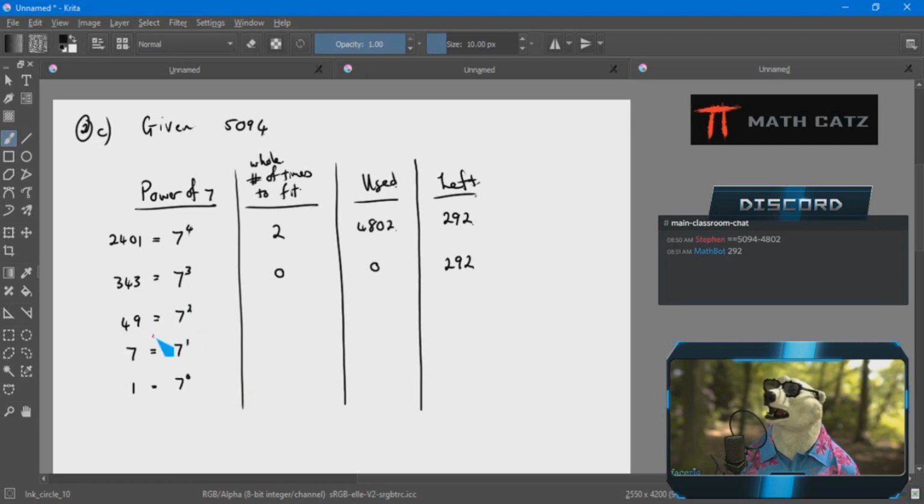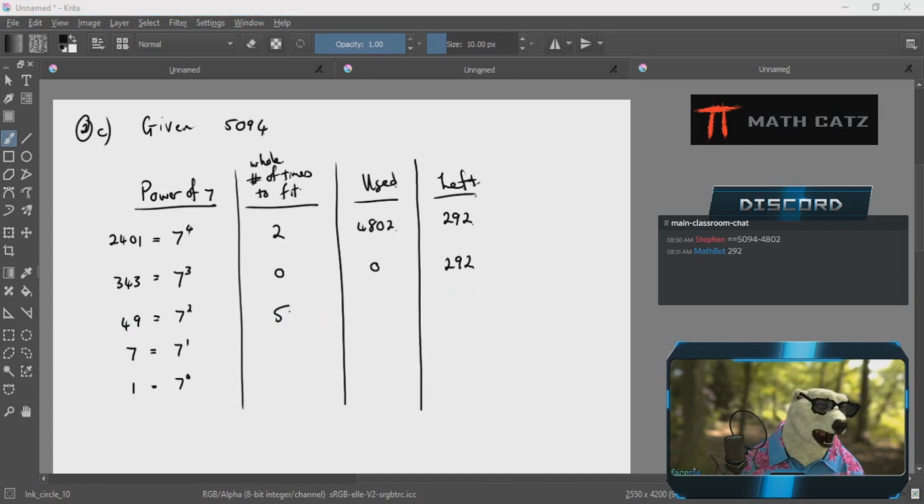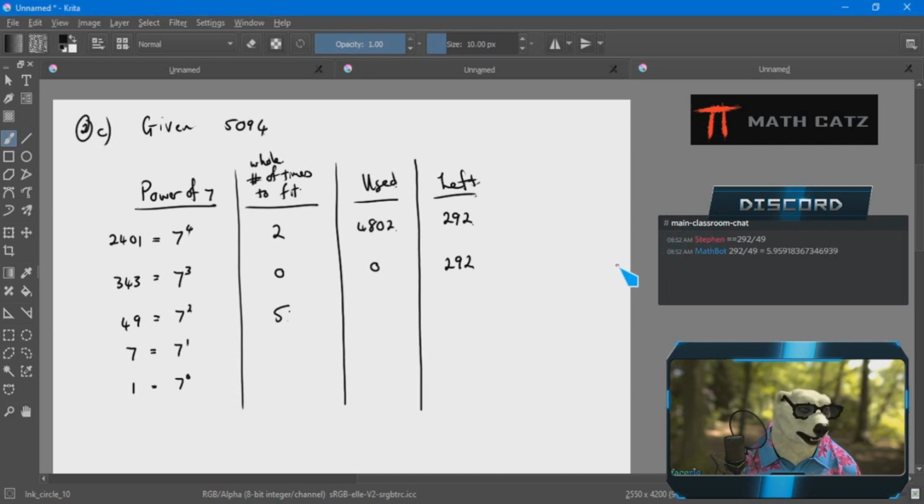Then 49 is my next group size, and I can certainly fit a few of those in. This is close to 50, and 50 times 5 is going to be 250. So I'm thinking 5, but I am maybe not 100% confident. Let's double check. 292 divided by my group size, and I see it is 5 and almost 6, but not 6 whole times, only 5.